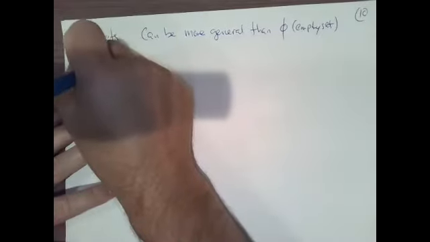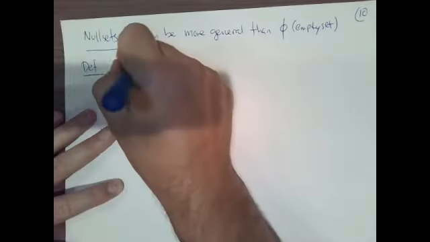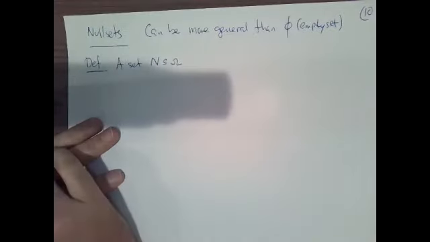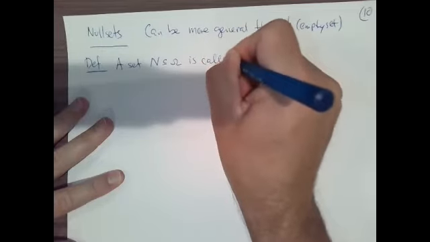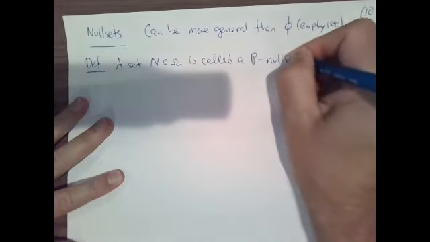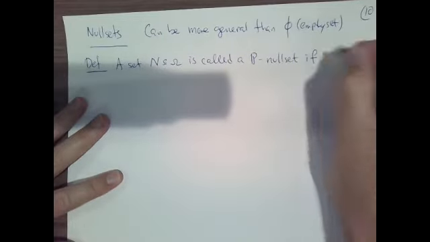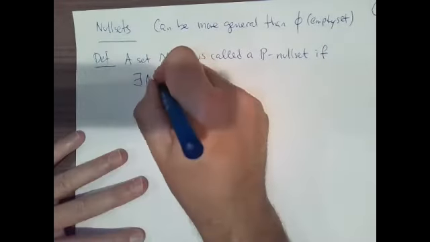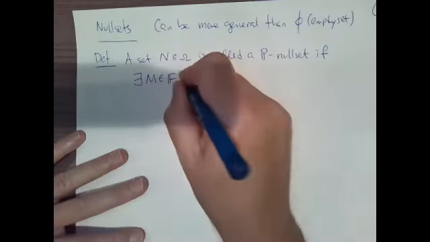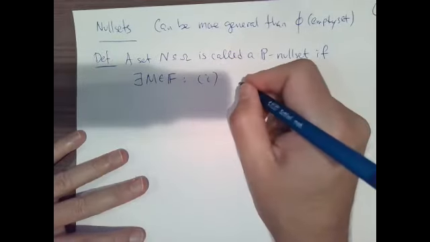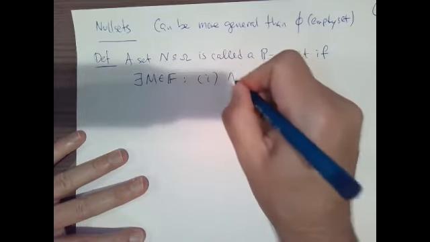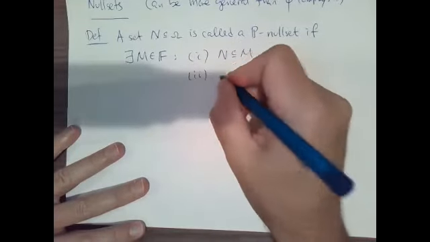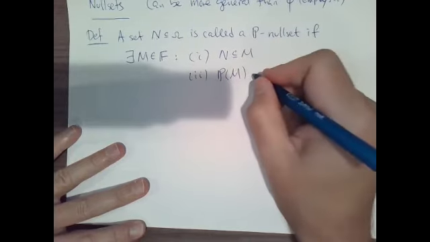A set of points, let me call it N, something inside omega, is called a P-null set if you can find a set M, which is measurable, such that the first property is that N, the set I'm interested in, is inside M, and the second is that P of M is 0.